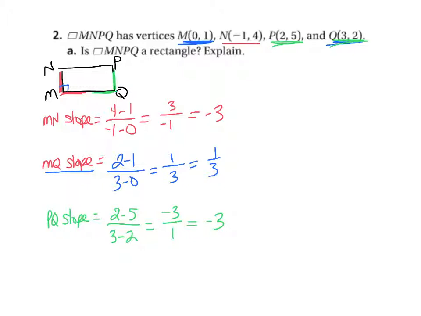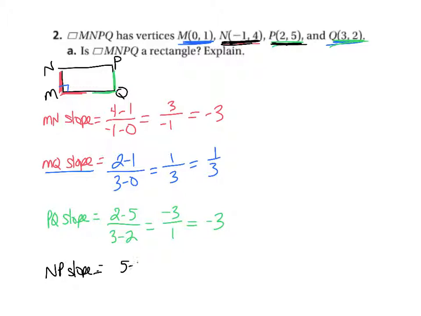Opposite reciprocal. And just to be on the safe side, let's confirm it one more time. Let's do the last side, NP. What do you suppose it should be? Hopefully 1/3, right? Let's check it. NP. This one and this one. Y minus y.